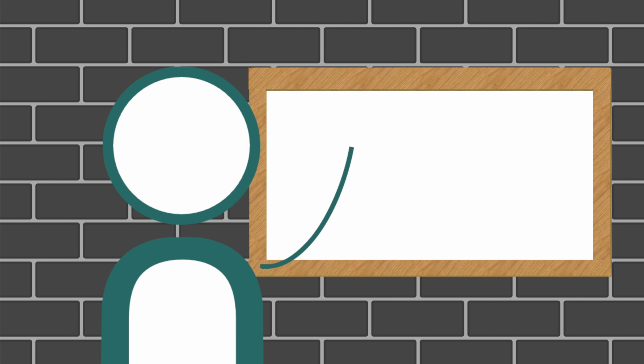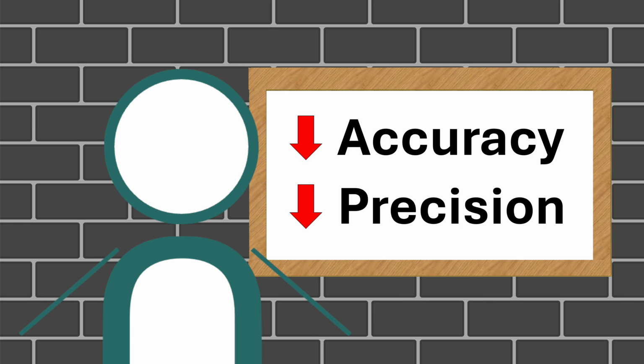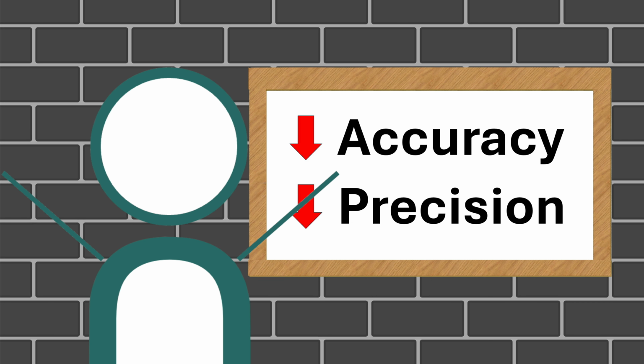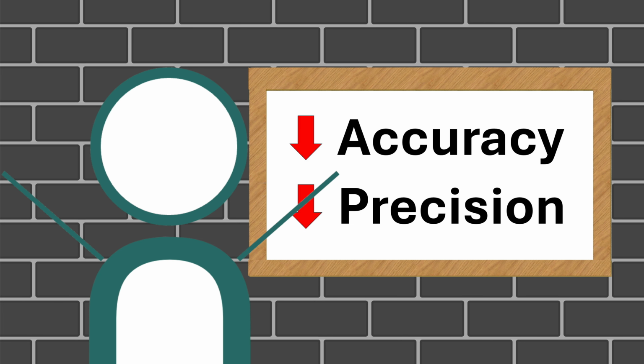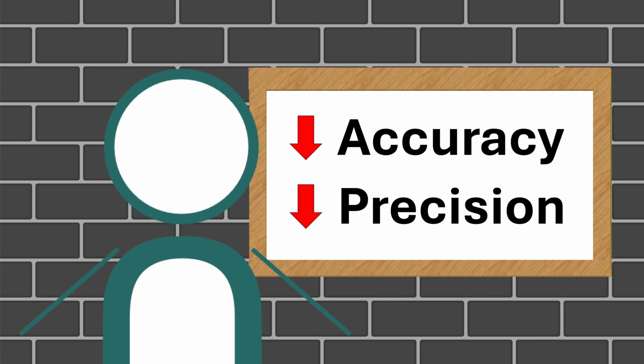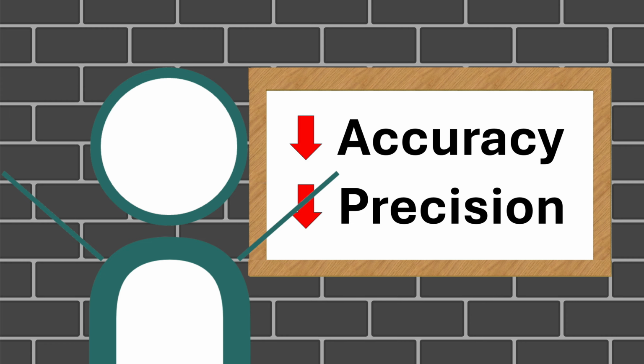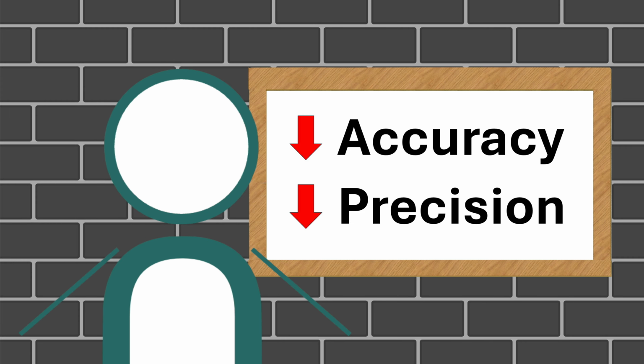The next situation is no accuracy and no precision. This means your results are far from the real value and not close to each other. This shows the test is neither correct nor reliable, and the numbers are basically random.